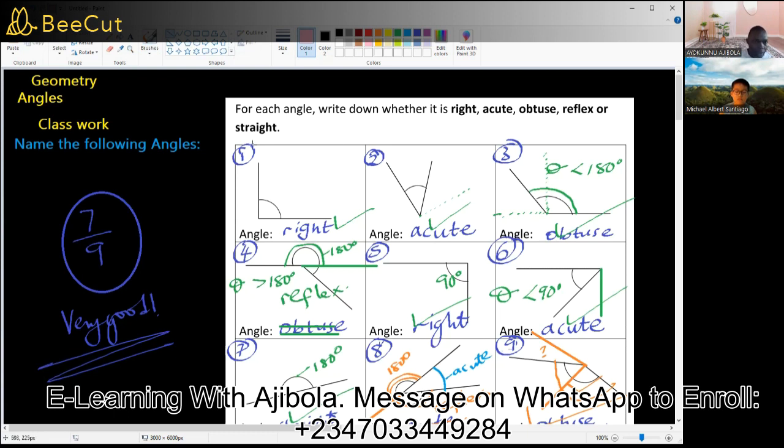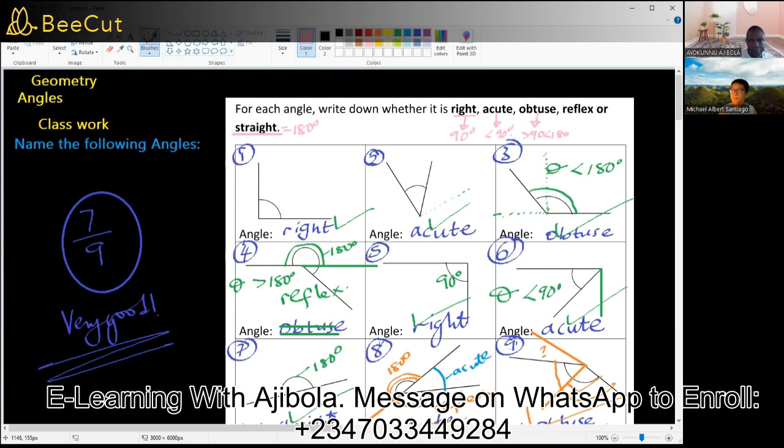And that makes 180 degrees. So this particular one equal 180 degrees, while this one equal 90 degrees, while this one is less than 90 degrees, while this one is greater than 90 but less than 180.